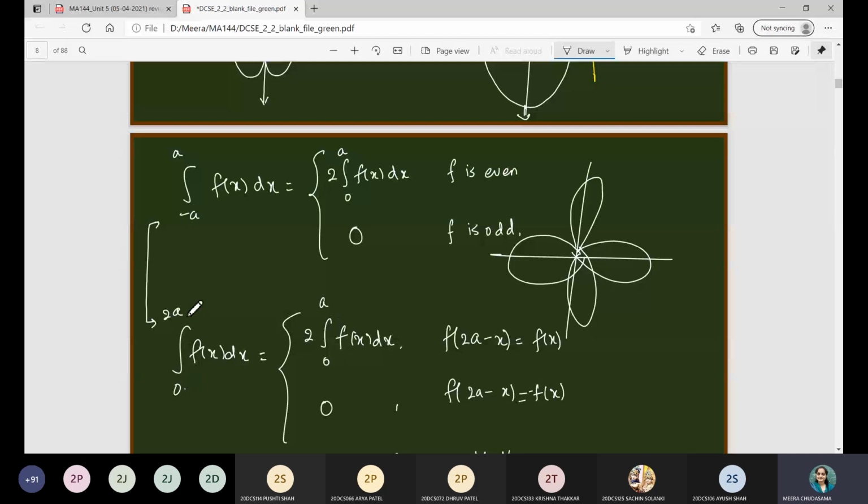See here, if we consider 2a is equal to pi, in that case a will be pi by 2, and whenever we are given 0 to pi by 2 integration, you can easily find the answer from the reduction formula. So here if we substitute 2a minus x, since we are given the sine function, sine of 2a, that is pi, minus x, what will it be?